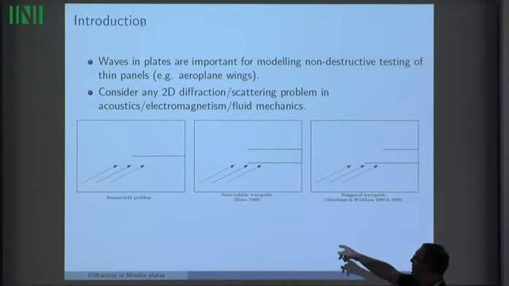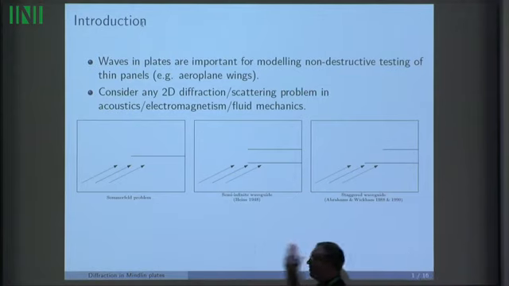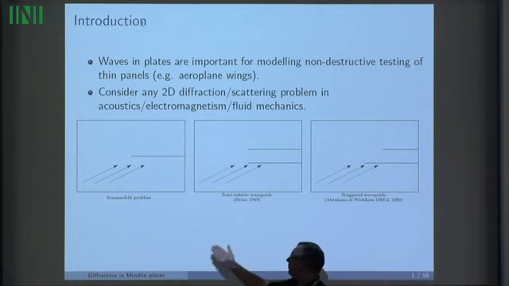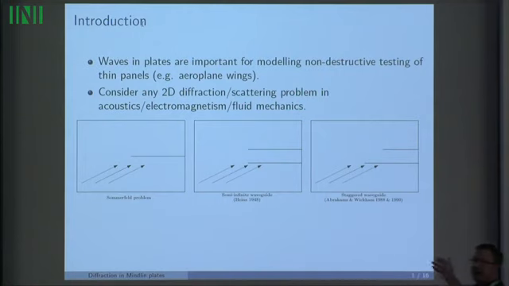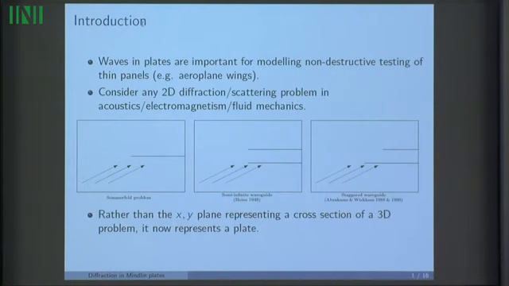So normally you might think of something like Sommerfeld as being a cross-section through a 3D problem. So you've got some 3D acoustic problem, and you assume there's no variation perpendicular to the board, and you get Sommerfeld. Well, just take any one of those, and just say, okay, this doesn't represent a cross-section of a 3D problem anymore. It represents a plate. And so there you have immediately a number of Wiener-Hopf type problems that you can look at in plate theory.